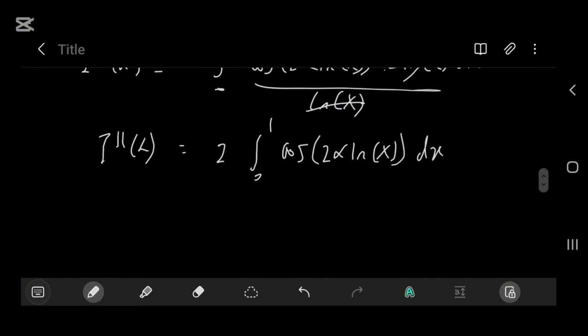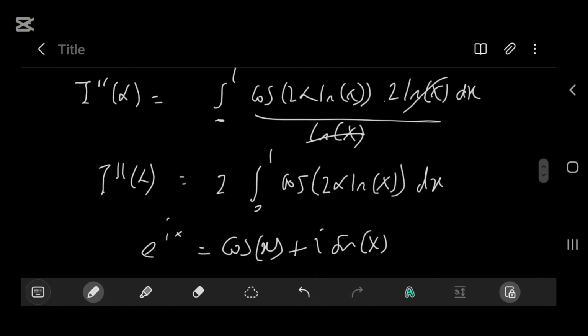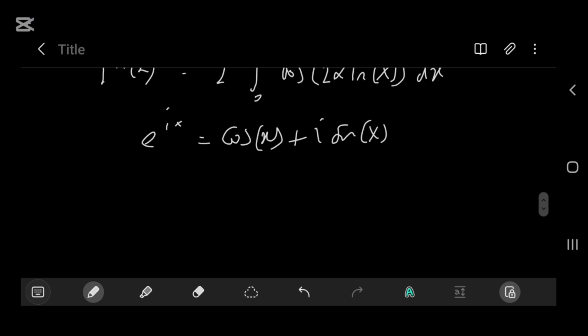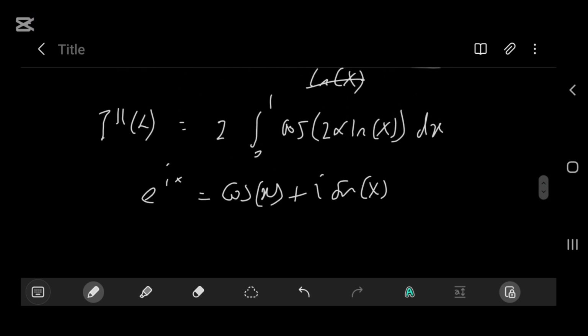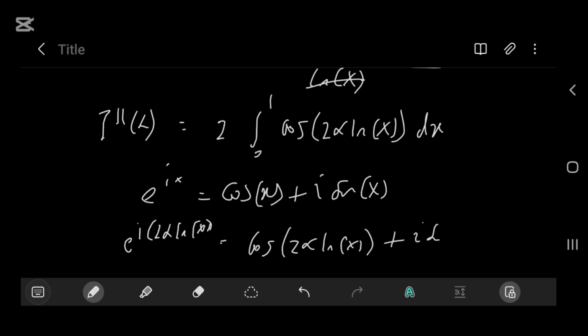Well, we know the Euler form e to the ix is cos x plus i times sin x, right? So by plugging in x equals 2 alpha ln x, we get the cosine form and the sine form together.